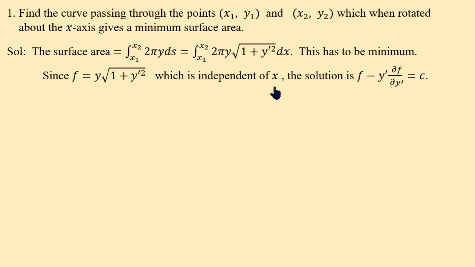Remember, this is the formula of Euler's equation if f is independent of x. Now, how to differentiate f partially with respect to y dash? Y is constant, and the derivative of the square root of 1 plus y dash square is 1 by 2 root of 1 plus y dash square into the derivative of y dash square, which is 2 y dash.